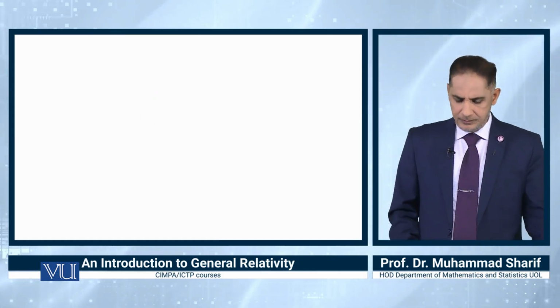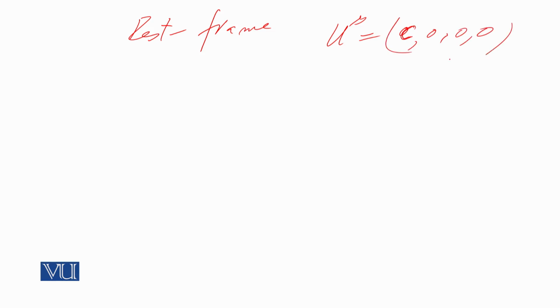So, in this frame, obviously the components of velocity will be 0. So, we are considering the rest frame. Rest frame means you are considering the 4-velocity like this: 0, c, 0. The time component is the speed of light, while the rest of the components will be 0. That means this part, which is u, will be 0.